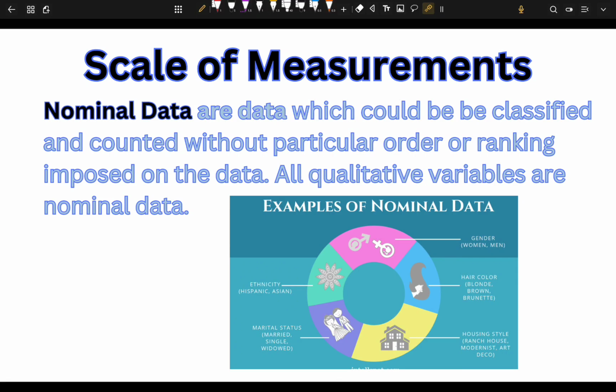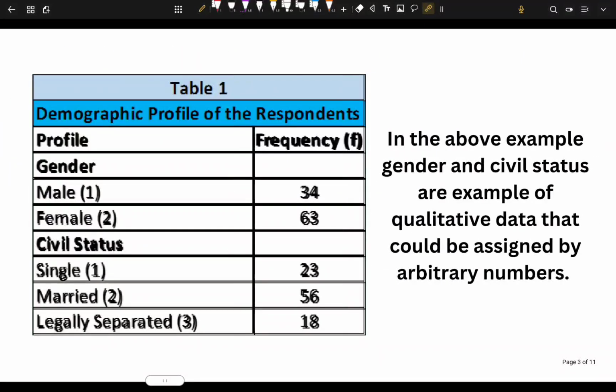Okay? Yan. Here, table number 1, demographic profile of the respondents. So, ayun nga, sa gender, na-classify siya. Ito yung classification. We have the gender, we have the civil status. So, dito, nakategory siya sa male and female. So, sa male, meron tayong 34 respondents.